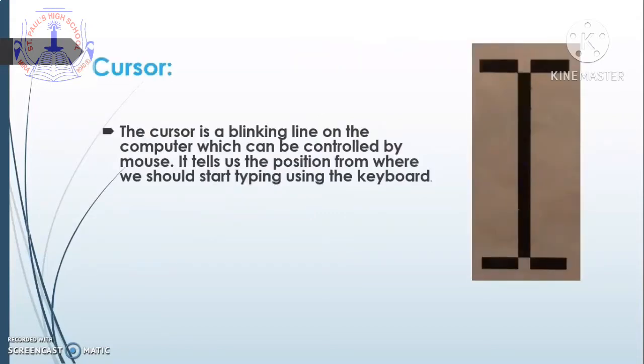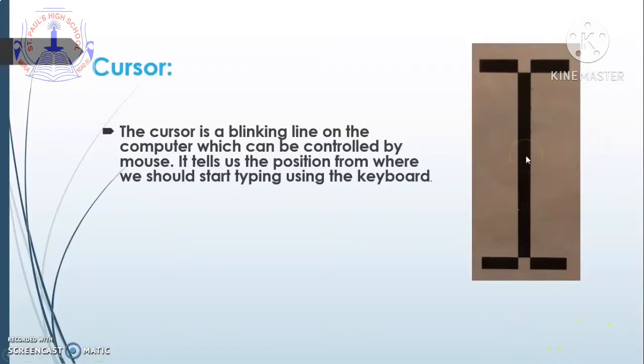Now the next is the cursor. The cursor is a blinking line on the computer which can be controlled by the mouse. It tells us the position from where we should start typing using the keyboard. The picture you can see is called a cursor.